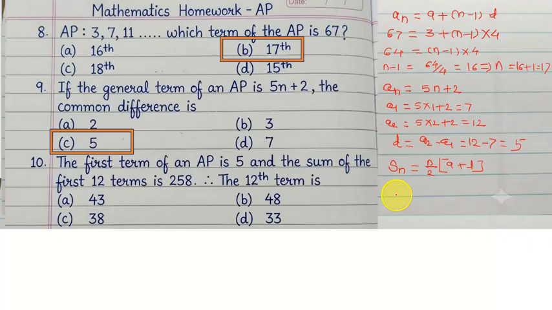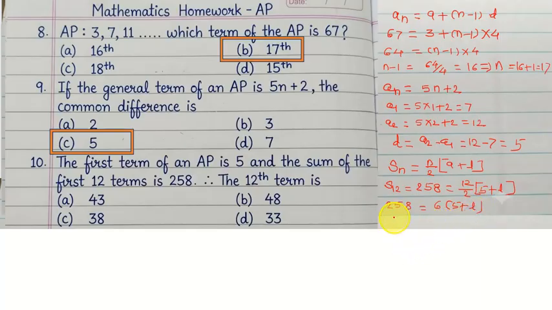The sum is given, that is S12 is equal to 258. So 258 is equal to 12 upon 2 (first term 5 plus L). 12 upon 2, then you will get 6 (5 plus L).